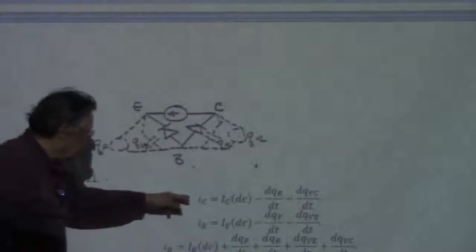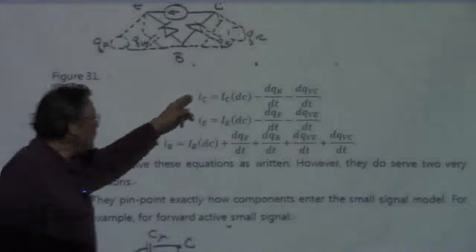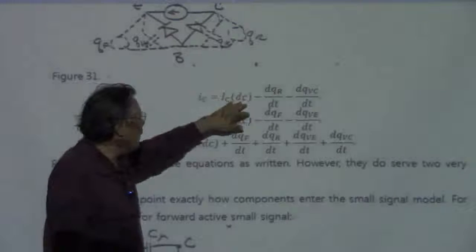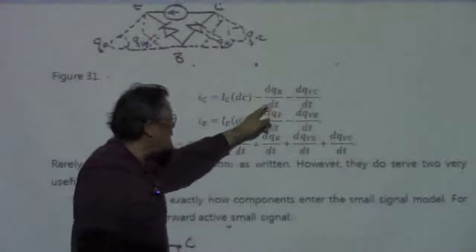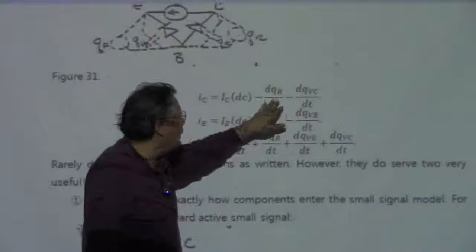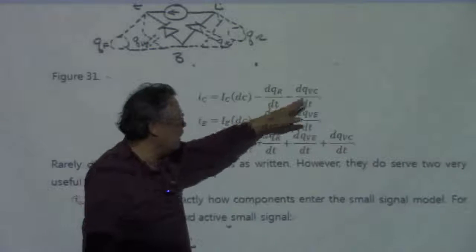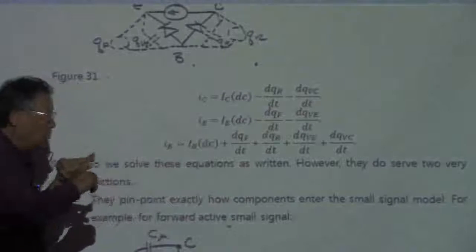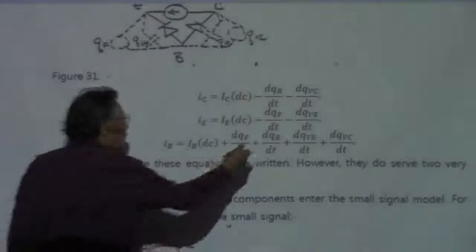So all you have to do is add those two things. For example, in the collector current, you have the DC IC, which we discussed a minute ago, and then you just add those two terms. One is the diffusion, the minority diffusion charge, and this is the space charge. Two charges which are time dependent in a bipolar transistor.